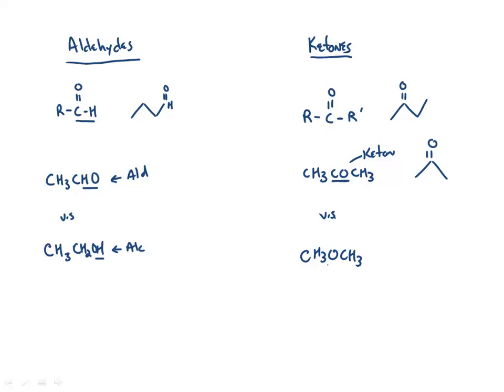And if I have an O that's kind of sandwiched between a pair of CH3 groups, or there's hydrogens around it, that's actually showing that I have an ether like this. So when you're looking at the condensed structures, ethers and ketones look alike, and aldehydes and alcohols look alike. So you have to be very careful with them.